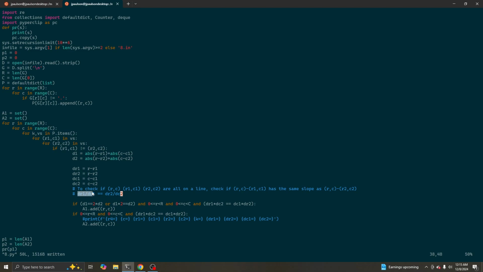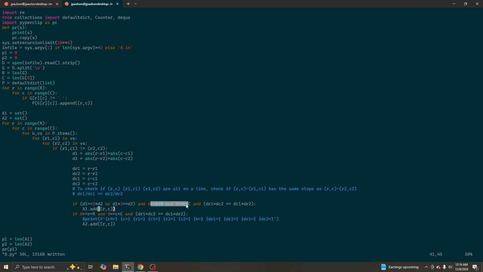Slopes are rise over run, or dr over dc. So this is the first slope, this is the second slope, and then we can cross multiply. So that's this check: dr1 times dc2 equals dr2 times dc1. I don't want to do any division. And then for part one, we want to check if one of them is twice as far as the other one. And in part two, we don't care about that.